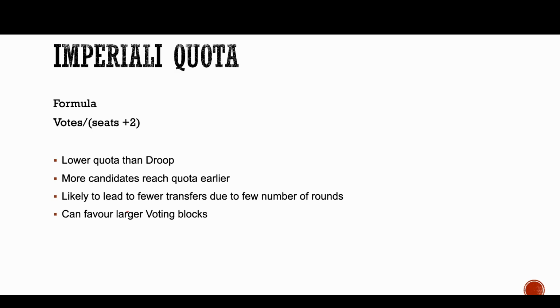It will likely lead to fewer transfers, because if a lower amount of votes is needed to hit the quota, it's more likely that not just the winning candidate, but other candidates as well will hit that quota in the first round. So it's unlikely that there'll be further transfers into remaining rounds, and it can favour larger voting blocks as well. And that's what we saw when we were going through the examples.